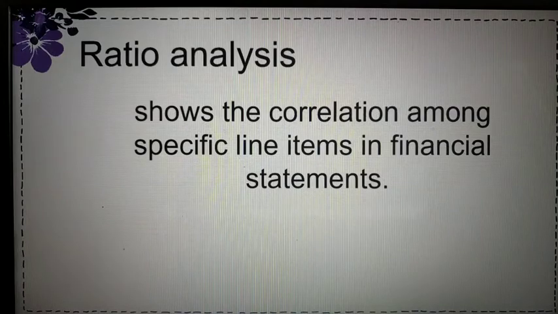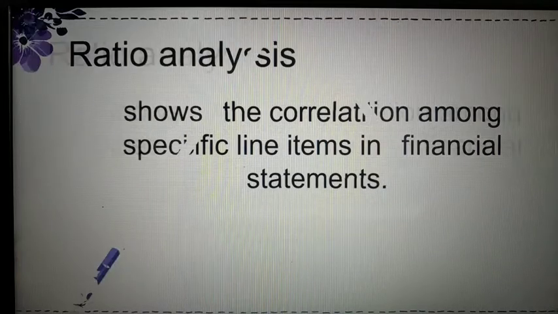Okay, lastly is the ratio analysis. It shows the correlation among specific line items in financial statements. In ratio analysis, we have ratio and proportion like in your algebra, right, which we will discuss furtherly in another video.